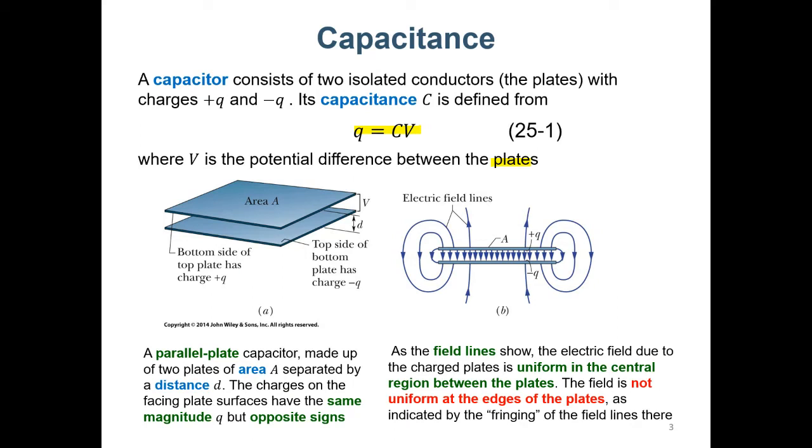If it's close to the edge, it will be slightly smaller, because in chapters 22, 23, we tried to calculate the E field, or the electric field generated by an infinitely large charge plate, which will be uniform.